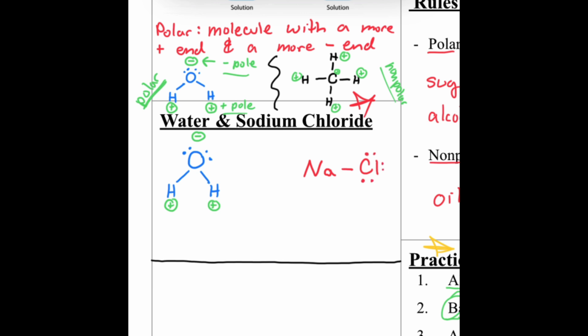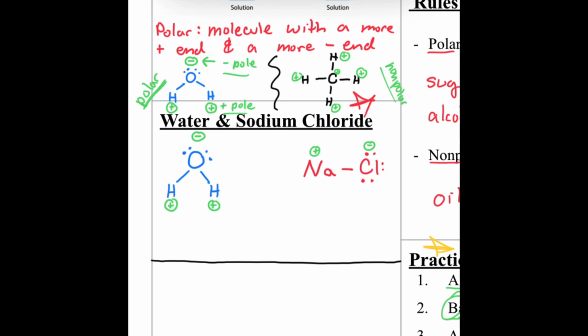All right. Now, we know that sodium chloride is an ionic compound composed of two oppositely charged ions. Sodium is your positive ion, chlorine is your negative ion. And if you're not sure how I figured that out, I looked at the periodic table because sodium has a positive 1 charge, chlorine has a negative 1 charge.